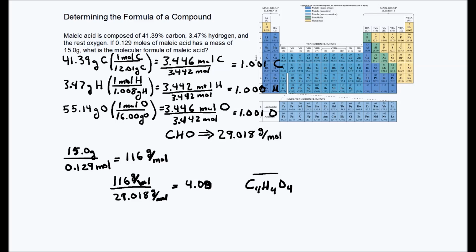And that then is my final molecular formula. So that is the way we approach determining the formula, both empirical and molecular, from percent of each element and from individual grams of each element. And those are always the steps, in that order, that you approach them with.